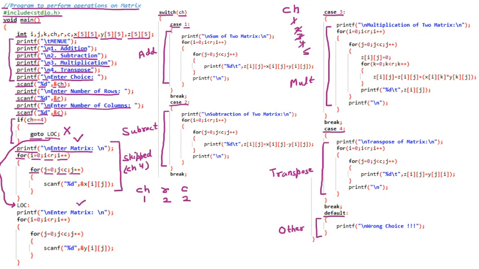So basically if I talk about the matrix, if I assume that X is my first matrix and that is 2 cross 2, then this one will be the matrix, with the number of rows 2, so 0 and 1 are the columns, and 0 and 1 are the rows. So from 0 to less than R, means 1, till there it will run, and it will ask scanf %d and x[i][j].